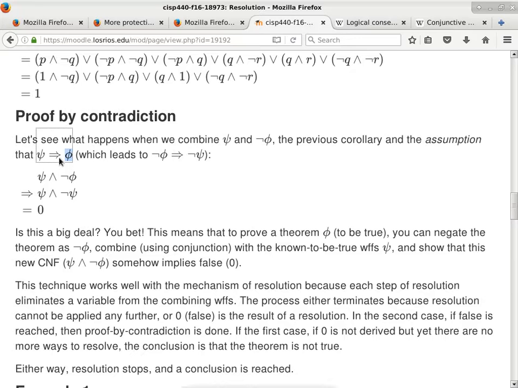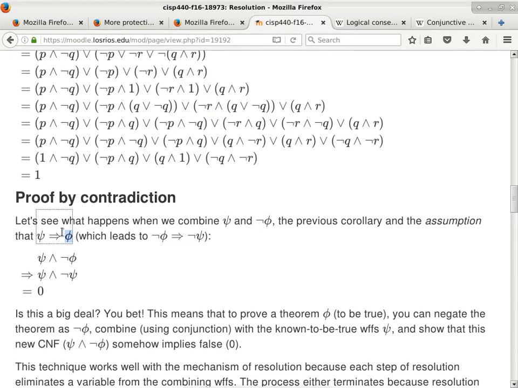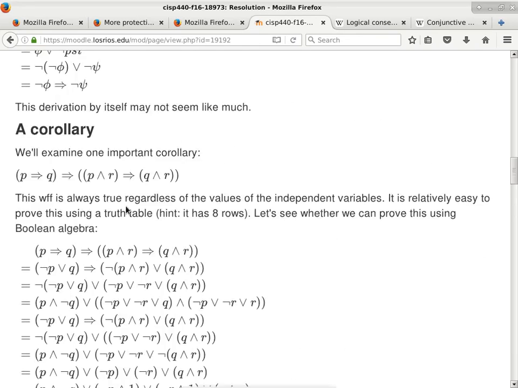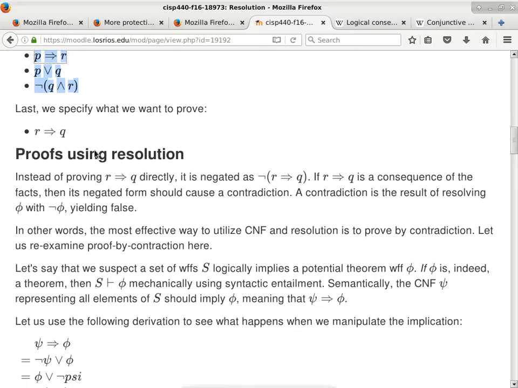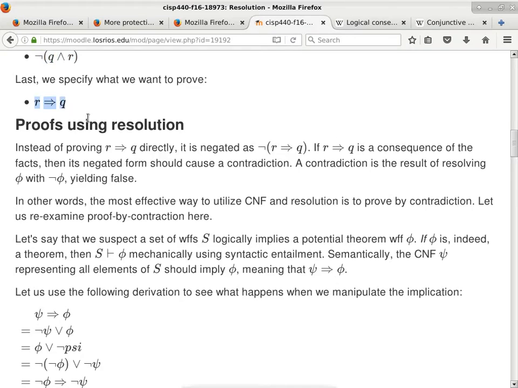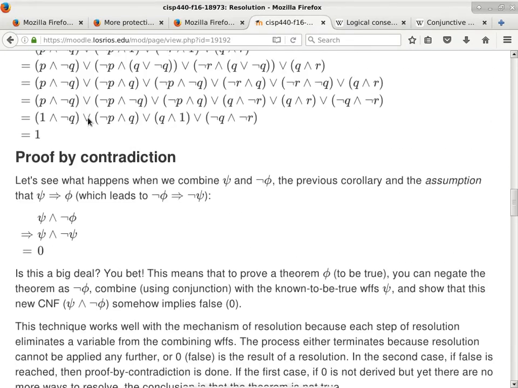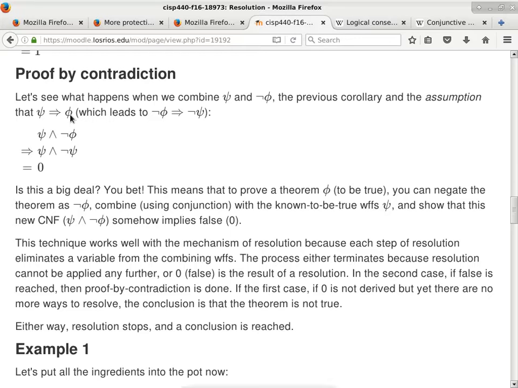In our application, psi is going to be the CNF of these things here. That's turning all three into a CNF. This is the theorem that we are trying to prove, which here is our phi.